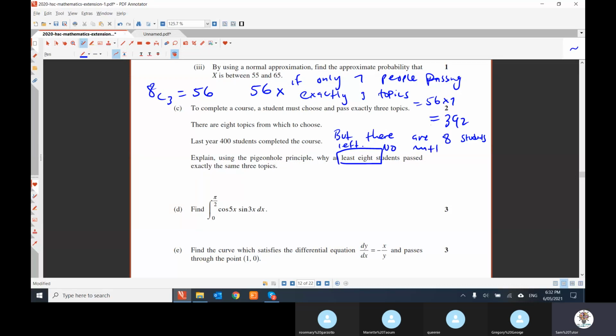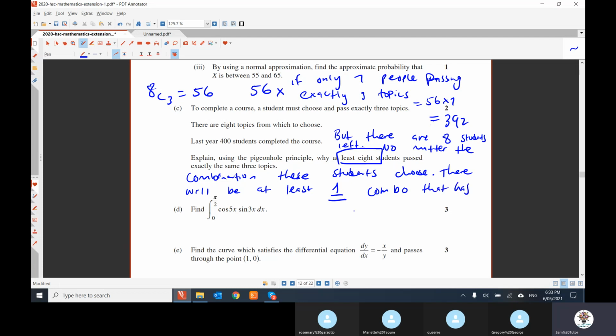No matter the combination these students choose, there will be at least one combination that has at least 8 students.